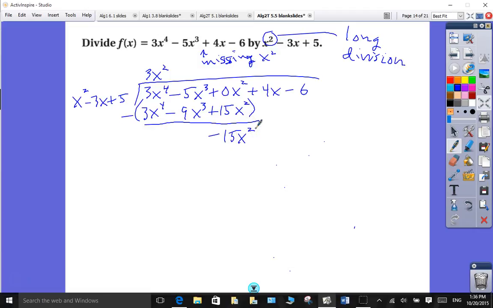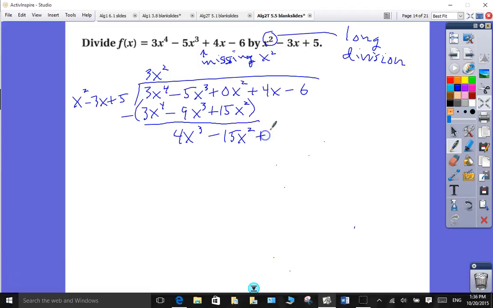Then we're still going to have to go one more to the left. What's negative 5x to the 3rd minus negative 9x to the 3rd? Negative 5 minus negative 9 is positive 4, so 4x to the 3rd. The 3x to the 4th cancels, of course.